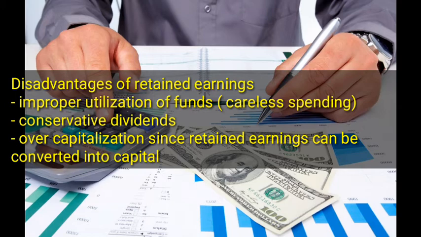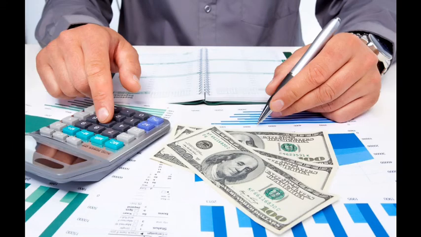So it has to reduce on the dividends given to the shareholders in order for it to increase its retained earnings. Then another disadvantage is overcapitalization, since retained earnings can be converted into capital. When there is a lot of retained earnings, there will be overcapitalization of the business.